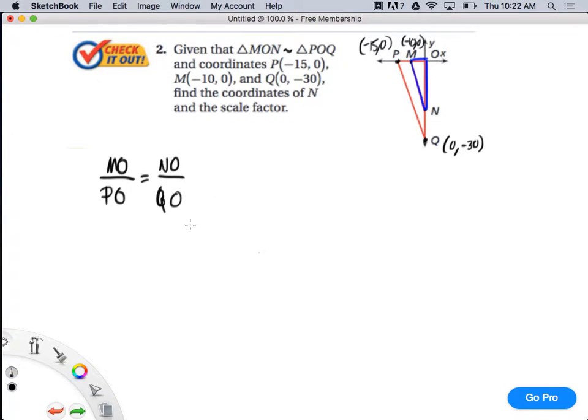Okay? So it's 10 over 15 equals NO, we don't know, over QO. What's QO? Negative 30, right?